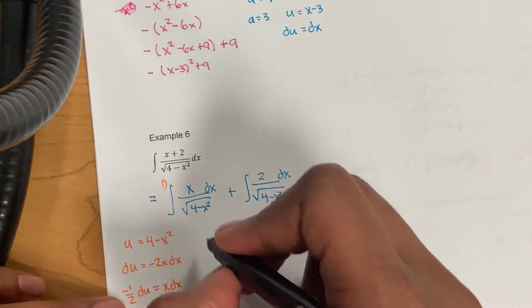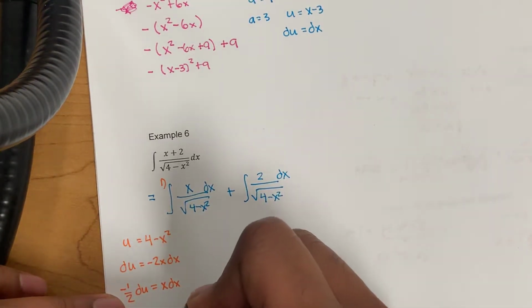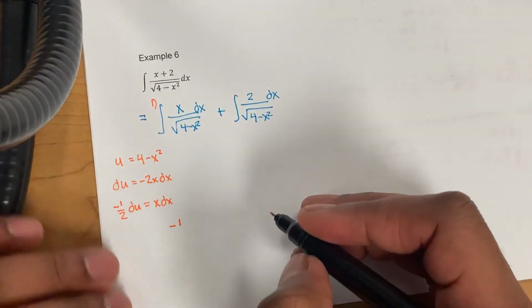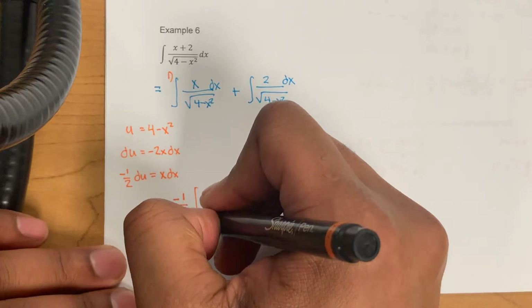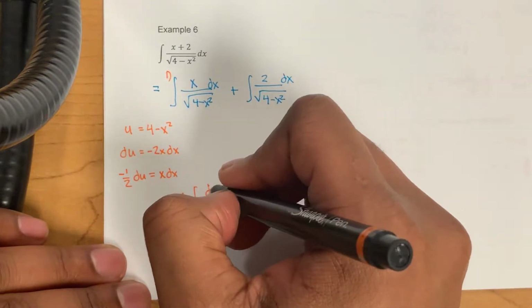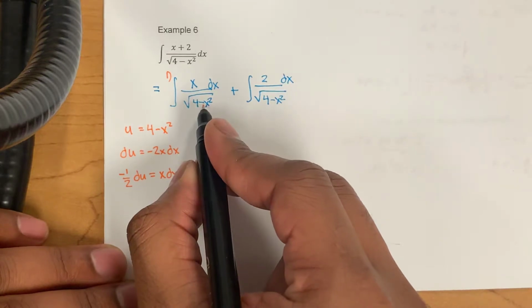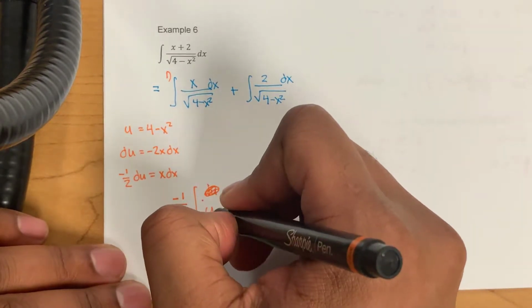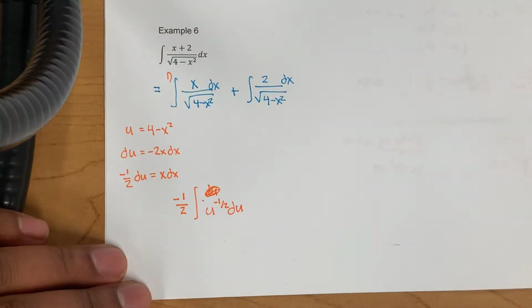So the rewrite for the first integral is negative 1/2 times the integral of du, so this is 4 minus x squared to the negative 1/2. So we're going to have u to the negative 1/2 du.